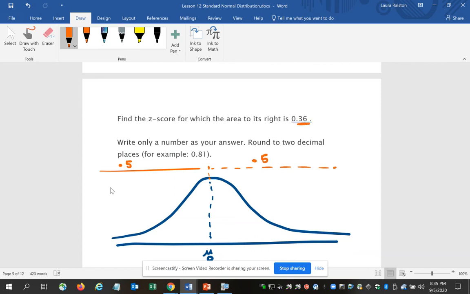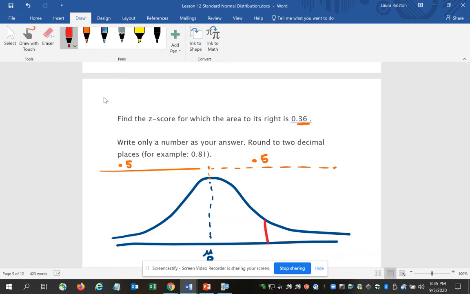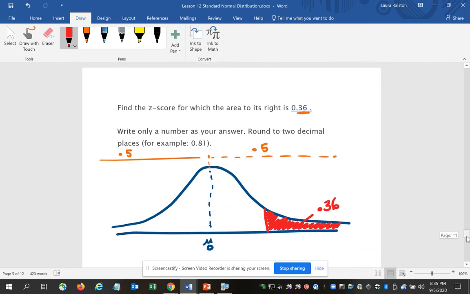And this number, 0.36, and it says to the right. So this time, I think I can get it correct the first time. Okay, so I would have 0.36 in this tail to the right.